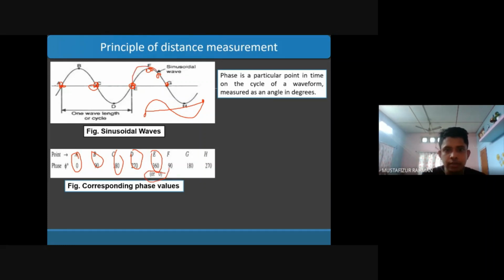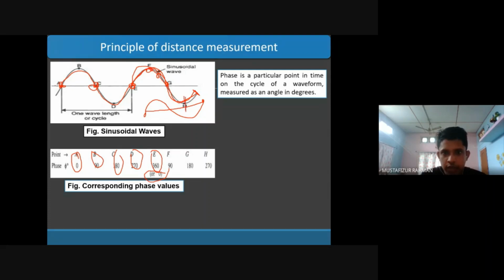So this is going to be 360 degree, or this is 0 because again it is starting from this point, right? That way, where it ends, so suppose this wave is traveling from one instrument like this, it completes one wave, then it continues and it reaches at this point. So what is this phase at this point? That we can calculate. So suppose at this F point 90 degree, at G point 180 degree already.